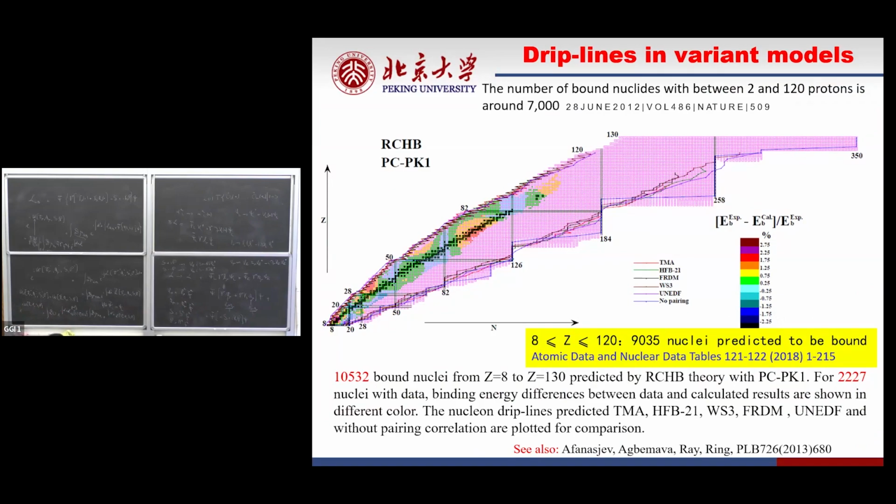In such a way, we can save much more time, but we can have a general idea of how the continuum influences the boundary of the nuclear chart. Surprisingly, you will see this is the dripline predicted by different approaches. So we found that after including the continuum, the nuclear chart could be extended much further.